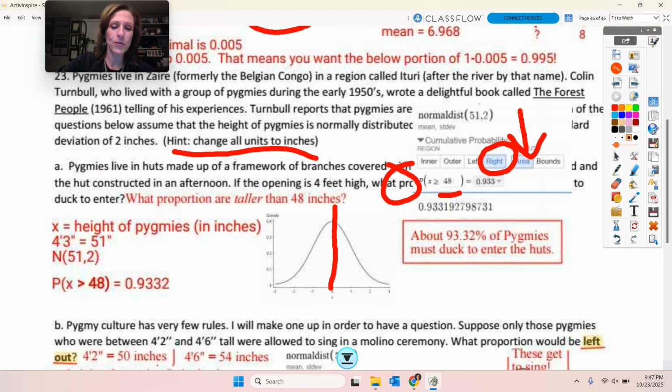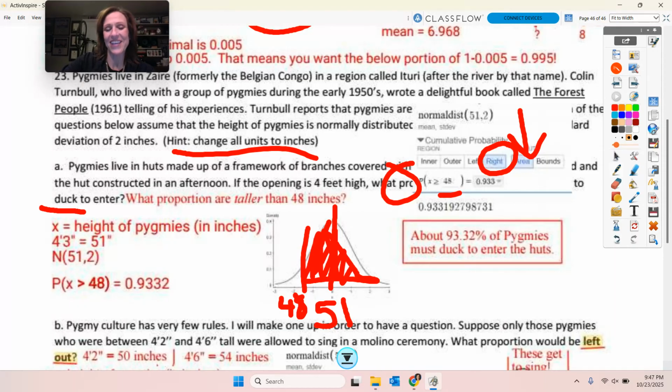Okay, that makes much more sense. The mean is 51, so my 48 is down here. You would have to duck to enter their home if you are taller than 48 inches. So that's how I got the area to the right, above 48.